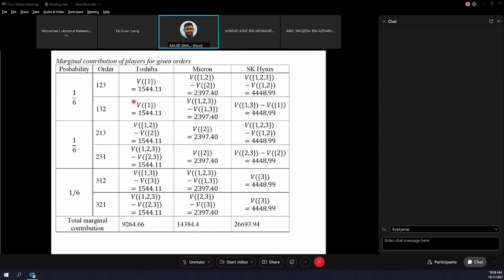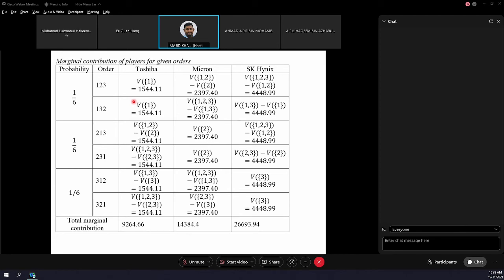Now for 132, why is the value for the first player, which is Toshiba, still the same? Not sure, Doctor. Okay, thank you.